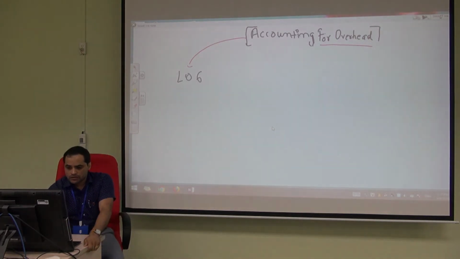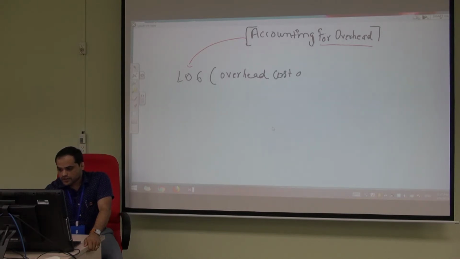So, learning outcome 6 is the overhead cost allocation method.